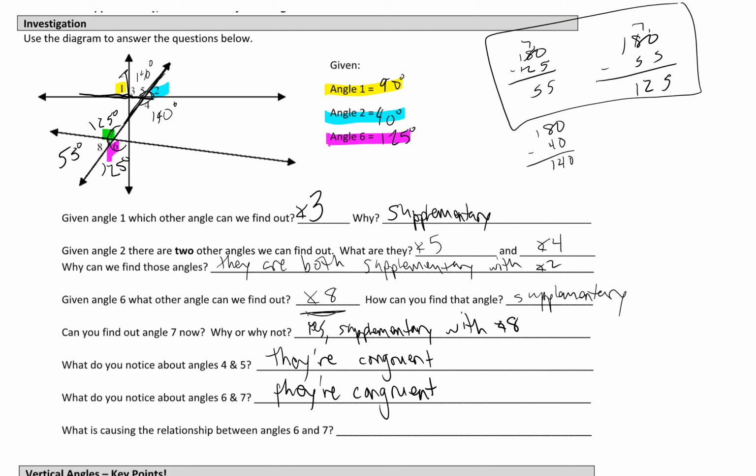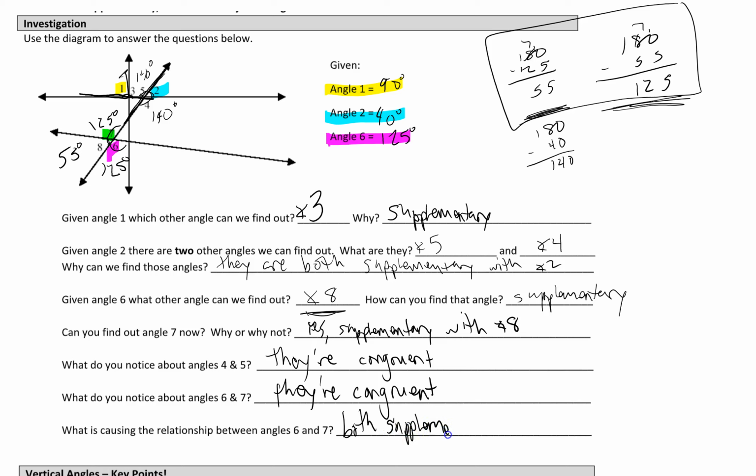To find angle 7, we had to find angle 8 first. We found angle 8 because it's supplementary with angle 6. That was this work. And then we found angle 7 because it was supplementary with angle 8. So the relationship between angle 6 and 7, we can see that they're congruent, but it's because they're both supplementary with the same angle.